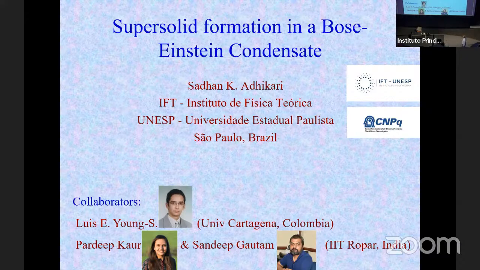I am from the Institute of Theoretical Physics of the State University of Sao Paulo. And this is a symbol, and it's a funding from CNPq. And physically, our institute was located in this place till about 2009.